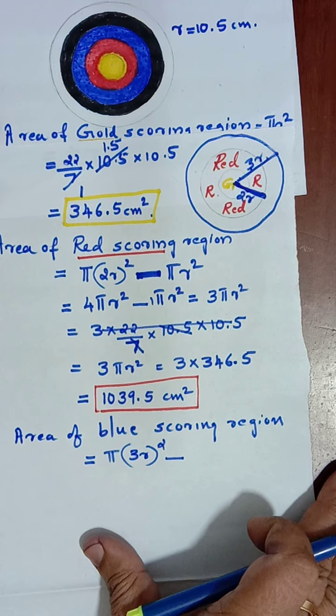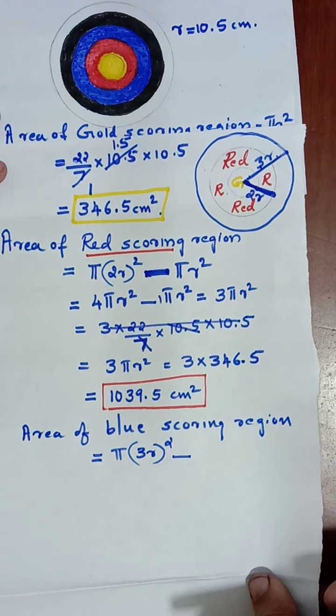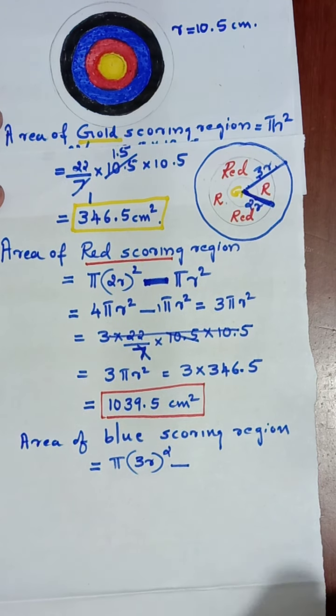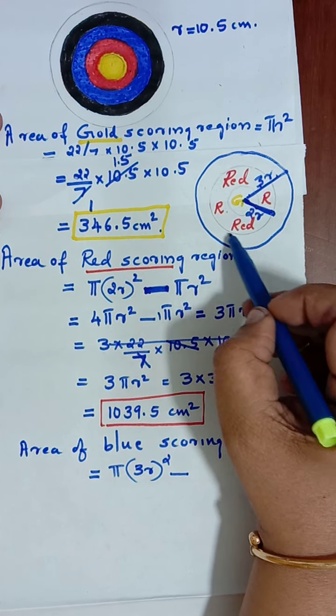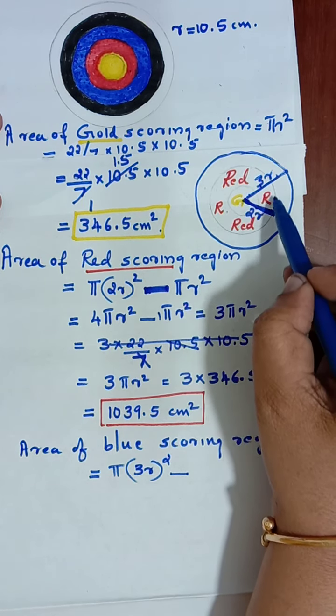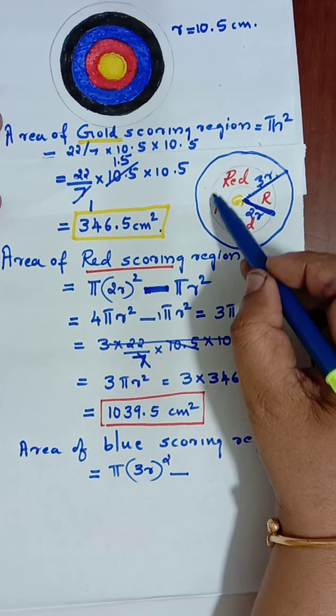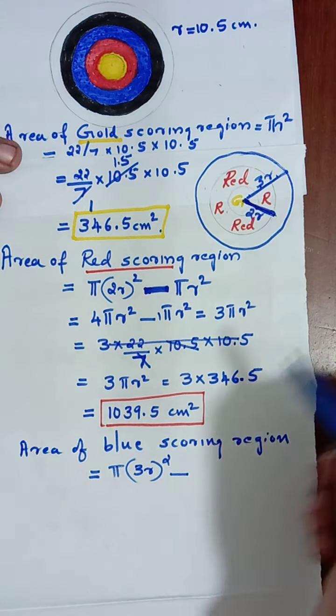What is the inner side? For the blue region, up to this circle we have to subtract. This circle we have to subtract from the bigger one. This circle has radius 2r, we know.